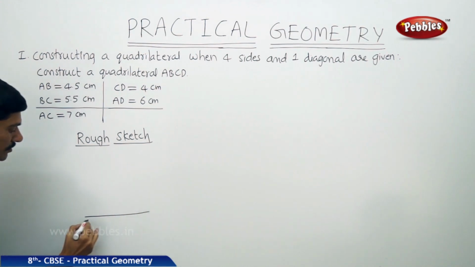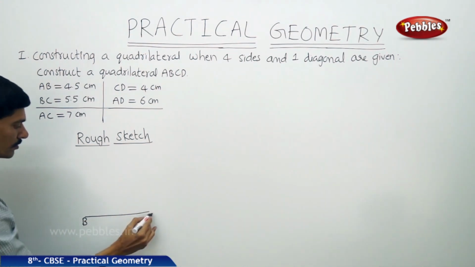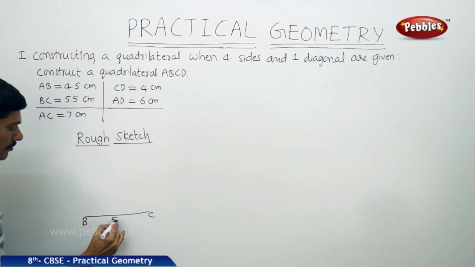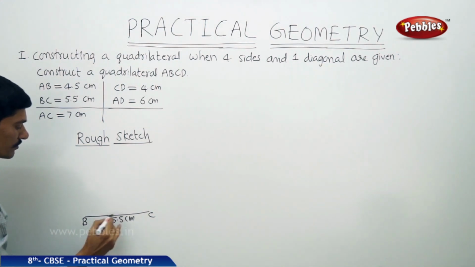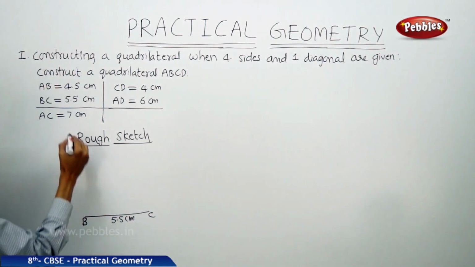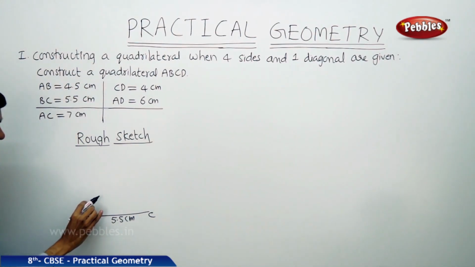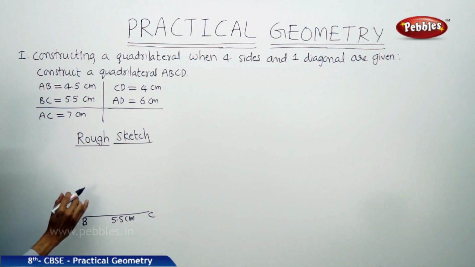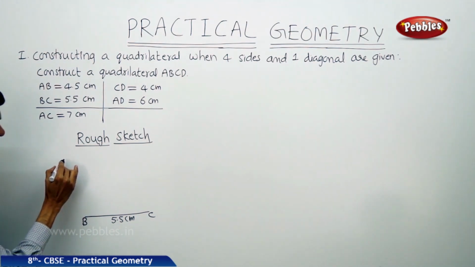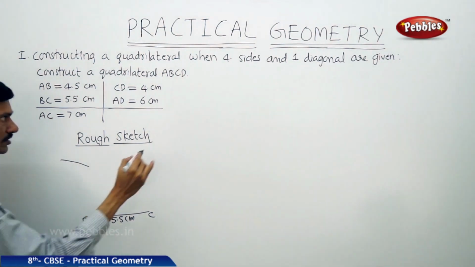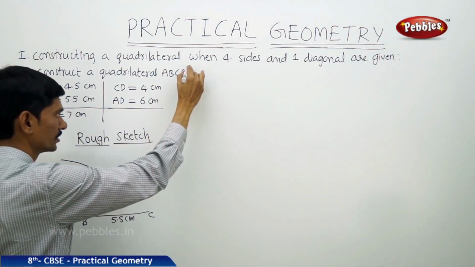Draw a line segment BC of 5.5 centimeters. Then AB is given as 4.5 centimeters. So with B as center and 4.5 centimeters as the radius, draw an arc. Now let us write the steps of construction immediately.